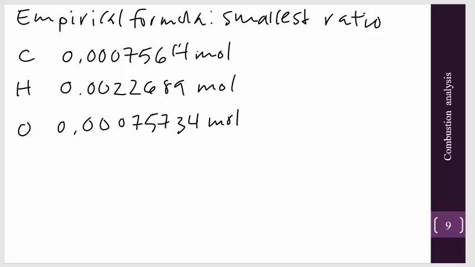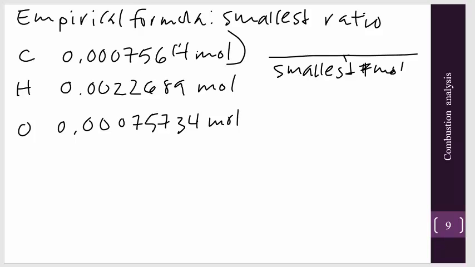So this is all that we need to determine an empirical formula. What we're going to do is take the others and divide them by the smallest number of moles, and put that in the denominator, the other two in the numerator at different times. So this happens to be carbon. It's just a little bit smaller than the others. So first let's take the hydrogen to carbon.